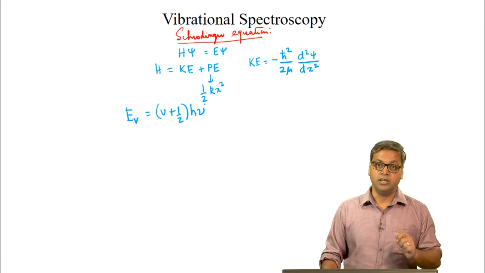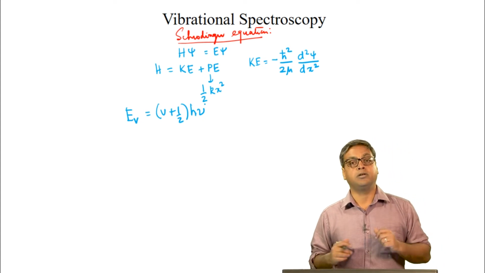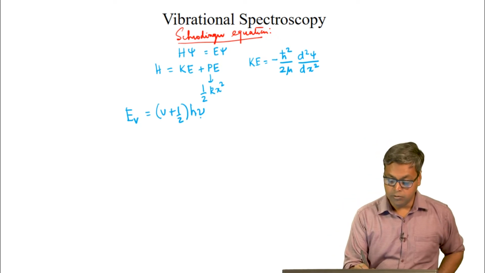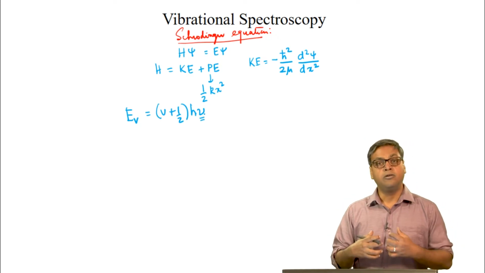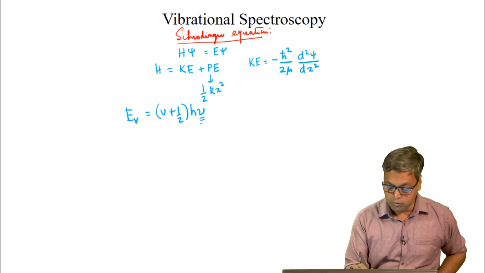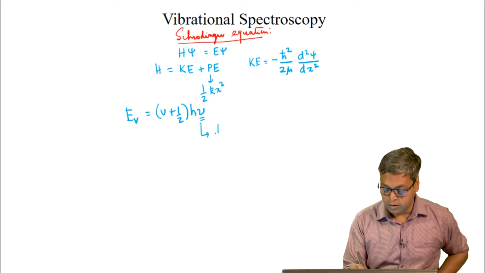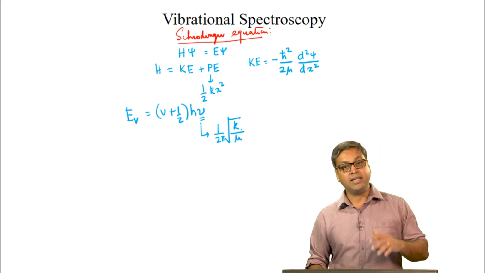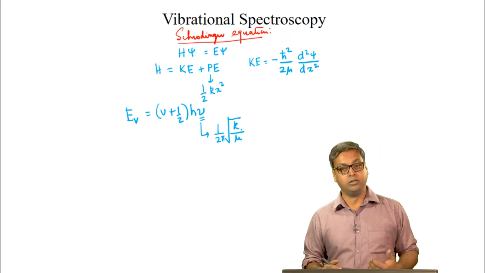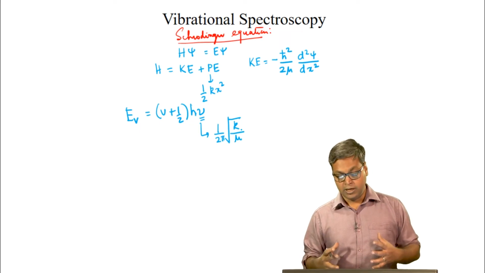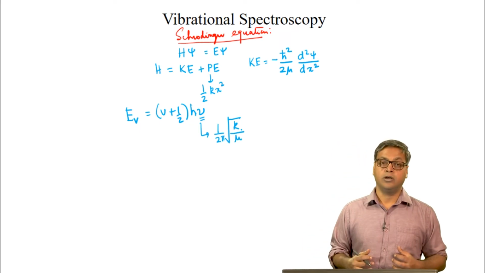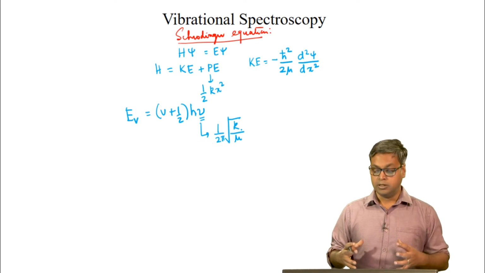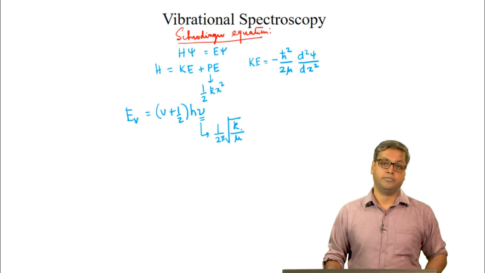So, here v is the vibrational quantum number and nu is the vibrational frequency. So, nu is given by 1 by 2 pi root over k by mu, where k is the force constant of the bond and mu is the reduced mass of this diatomic simple harmonic oscillator.